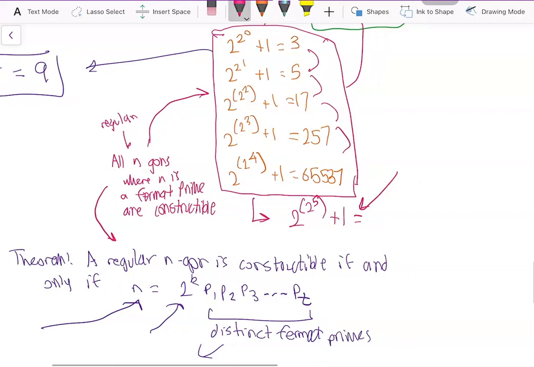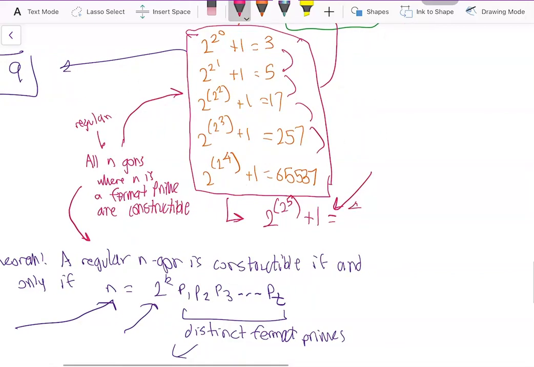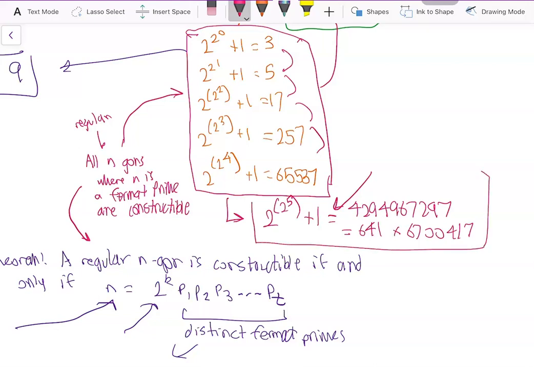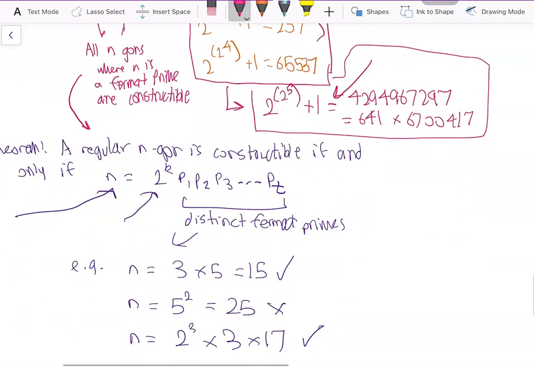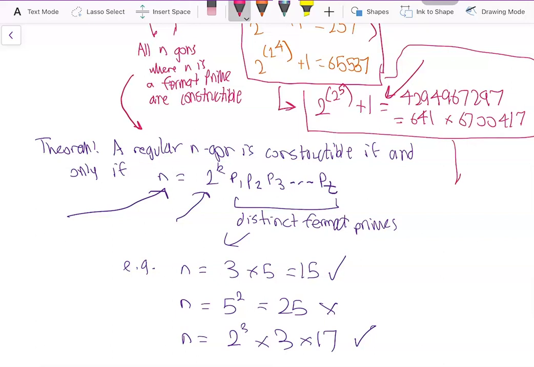This is because this number is equal to 4294967297, which is equal to 641 times 6700417. Just because of this factorization, this is not a Fermat prime, so a polygon with this number of sides cannot be constructed.